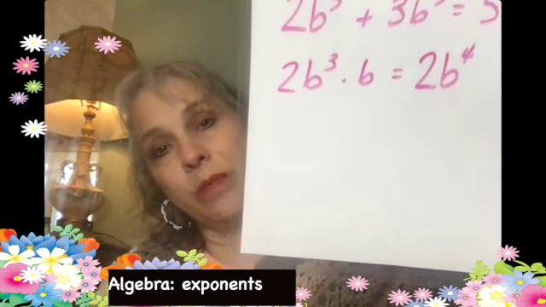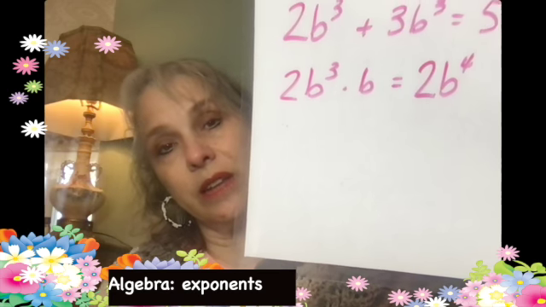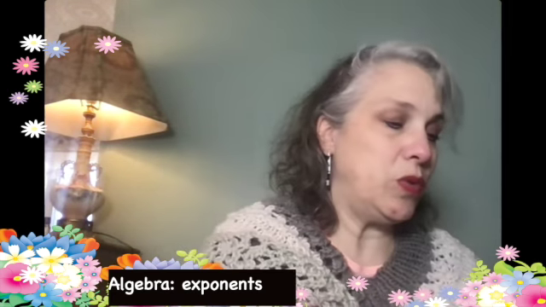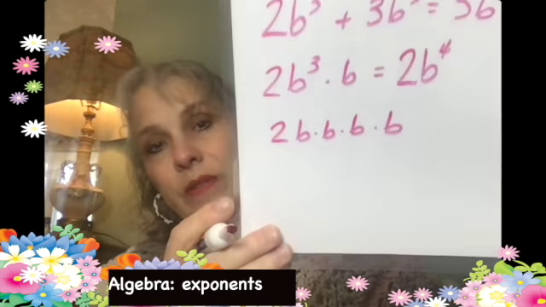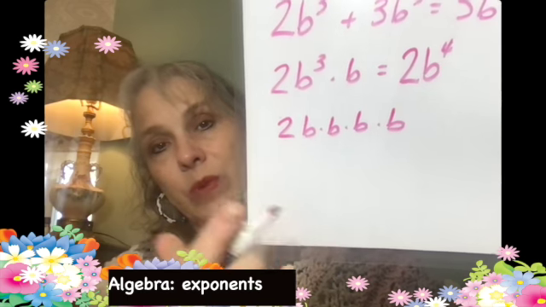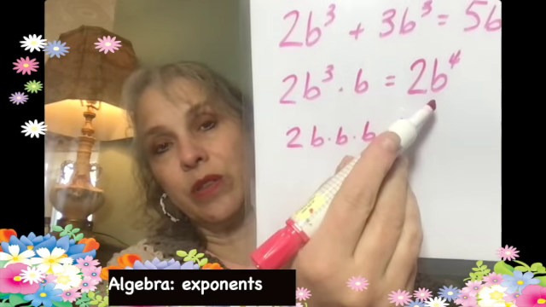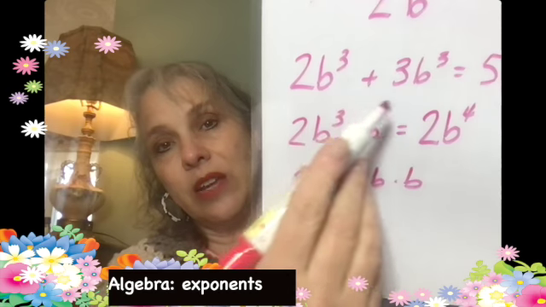So when you are multiplying, you can combine, because this means 2 times b times b times b times another b, which is equal to 2b to the 4th. But when I'm adding, I can only add if my terms are exactly the same. So keep that in mind when you're doing your work.